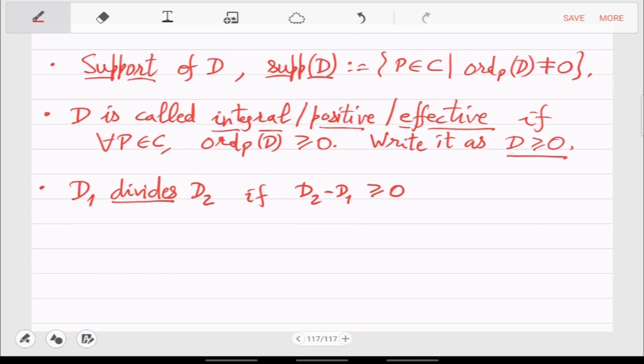So we say that a divisor D is greater than or equal to 0 if and only if it's integral or positive or effective. And we say that D1 divides D2 if the difference is that, which in other words, every order that you see in D2 is at least that in D1. Then you can define divisibility like this.